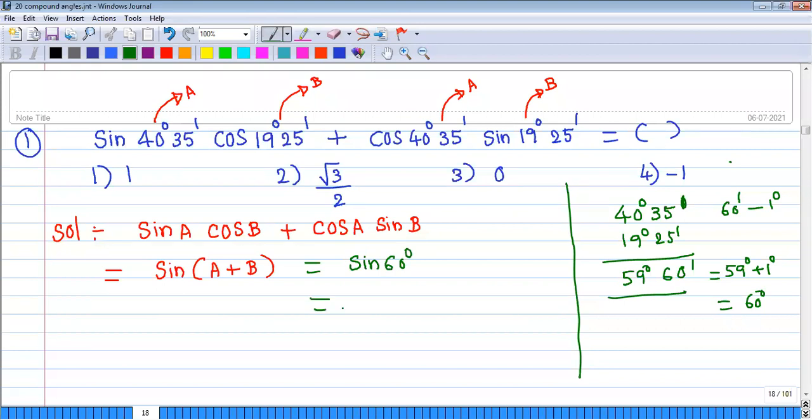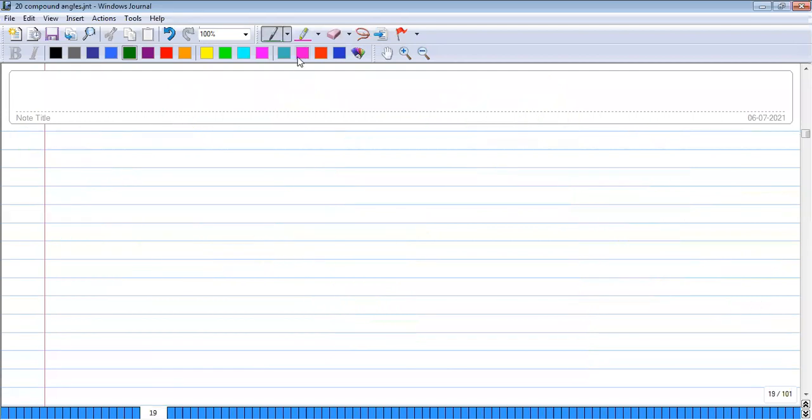Sin 60 is equal to root 3 upon 2. So which is the right option now? Second option. Is it clear? I think all of you understand about this. Shall I move to the second question now? Second question.